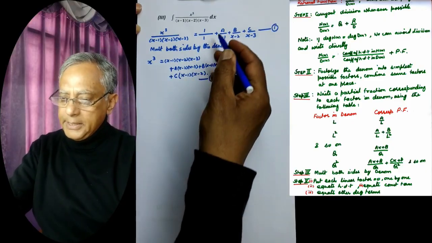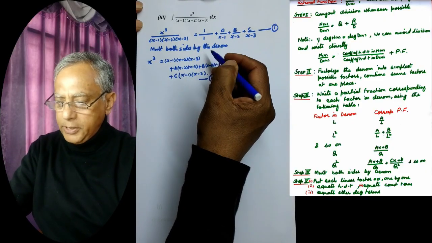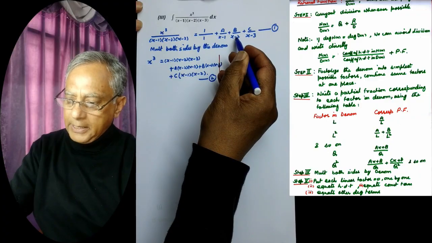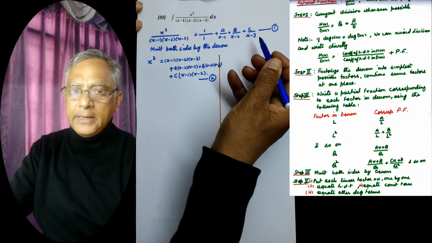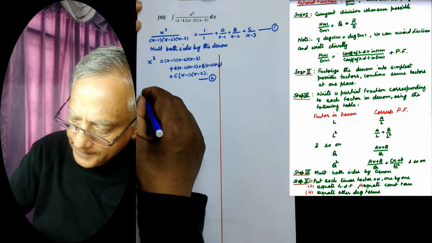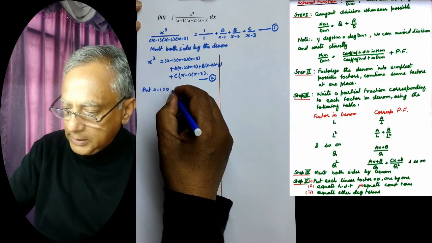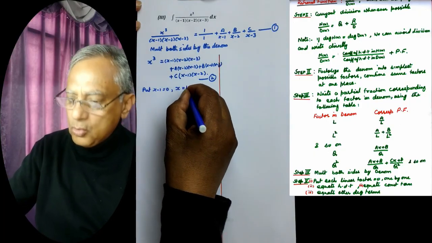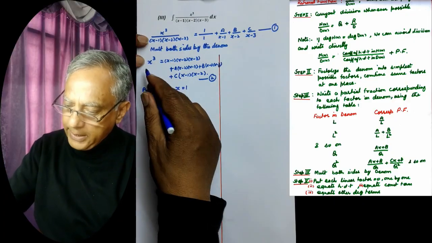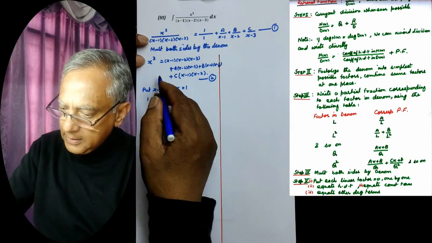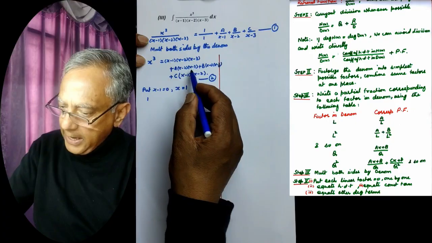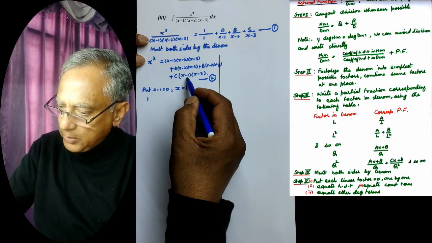Now to find these constants, we will put each linear factor equal to 0, 1 by 1. So first we put x minus 1 equal to 0, that is x equal to 1. So what we get is x is 1 and this will be 0, x minus 1 is 0, x minus 1 is 0.